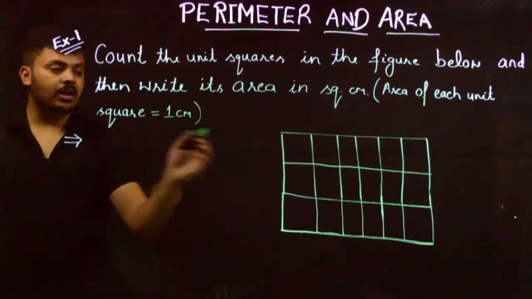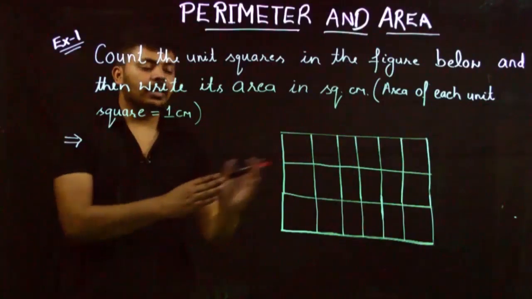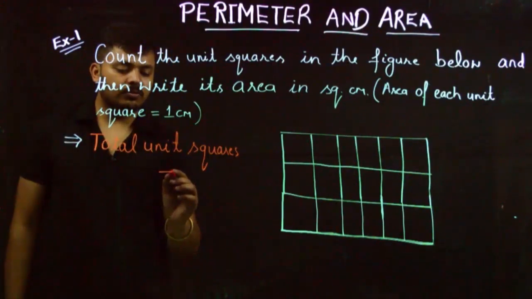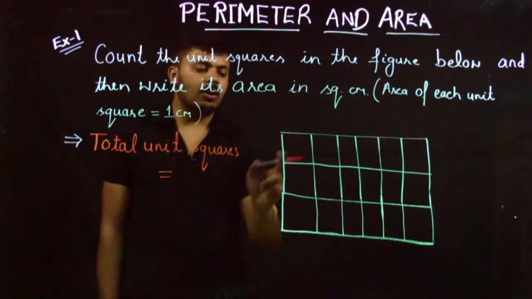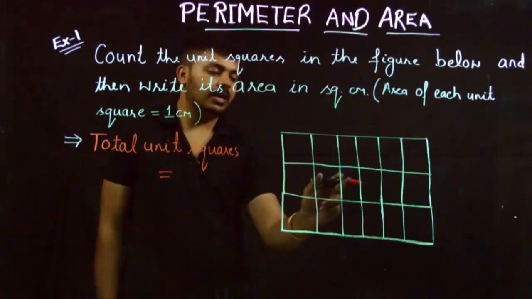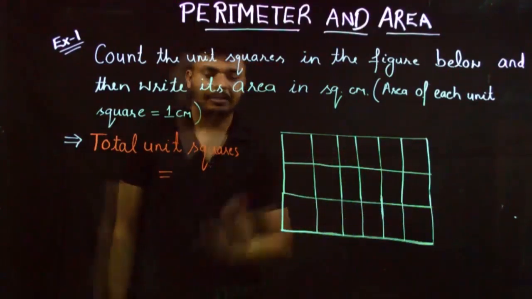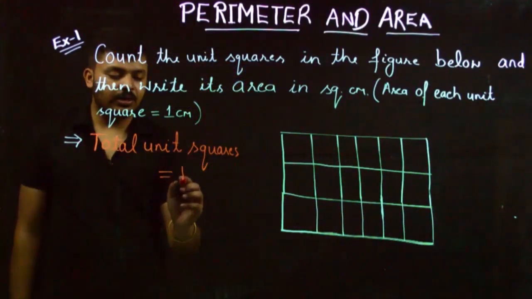So first we need to count each square in the given figure. Total unit squares, if we count, there are 1, 2, 3, 4, 5, 6, 7, 8, 9, 10, 11, 12, 13, 14, 15, 16, 17, 18. So there are a total of 18 unit squares.